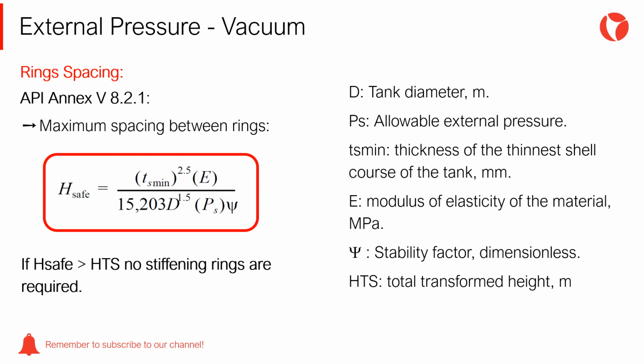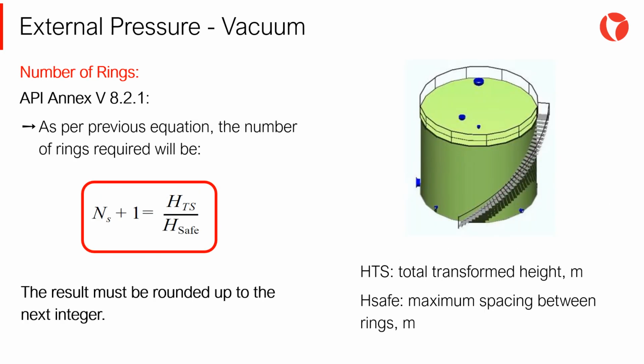If H safe is greater than HTS, no stiffening rings are required. The number of rings required, Ns, shall be calculated according to the following equation, where HTS is the total transformed height and H safe is the maximum spacing between rings. The result must always be rounded up to the next integer.